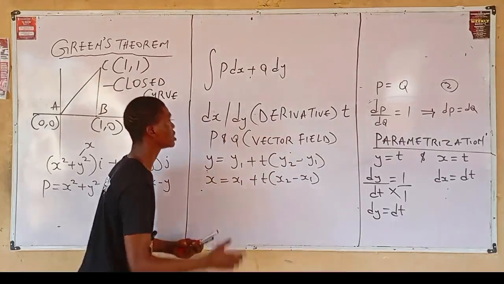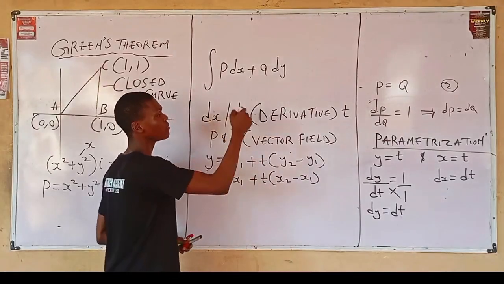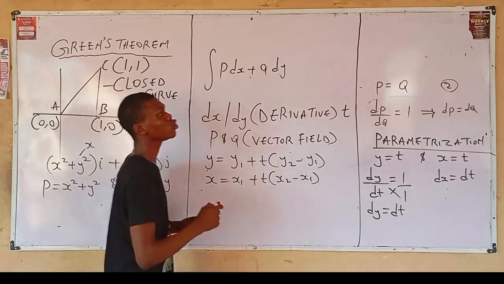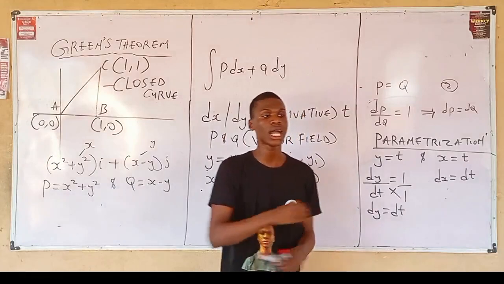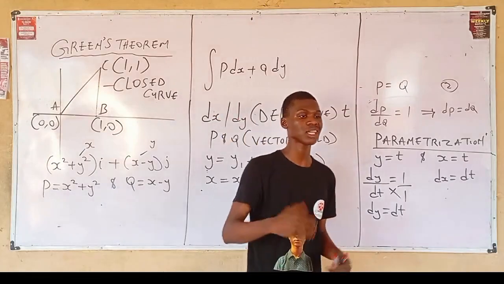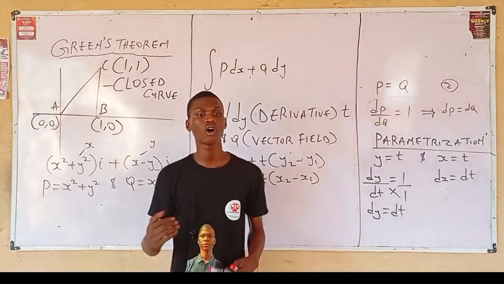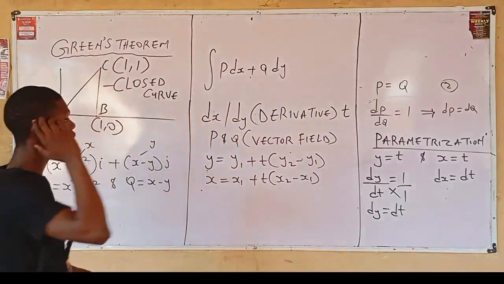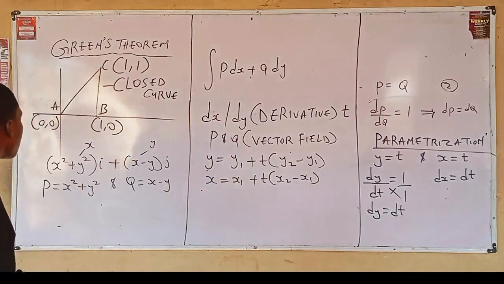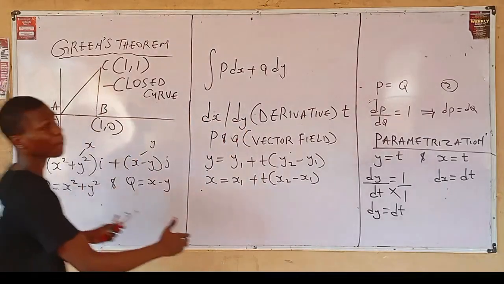By the time I differentiate, I know the value of x and the value of y. And I'm going to make use of this value that I've gotten at any segment I have, if it's segment A, segment B, or segment C.